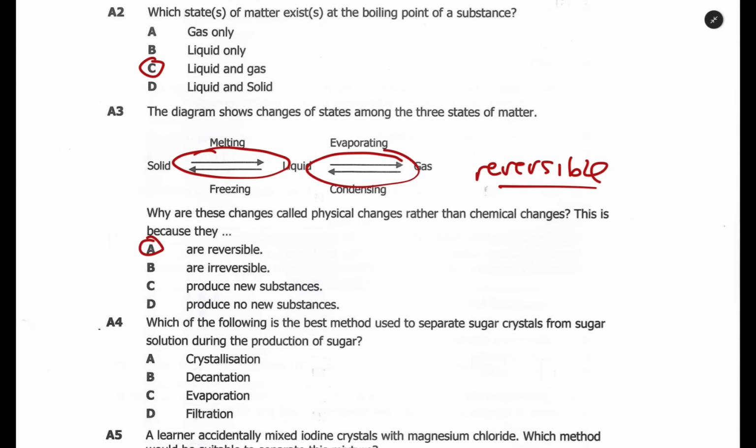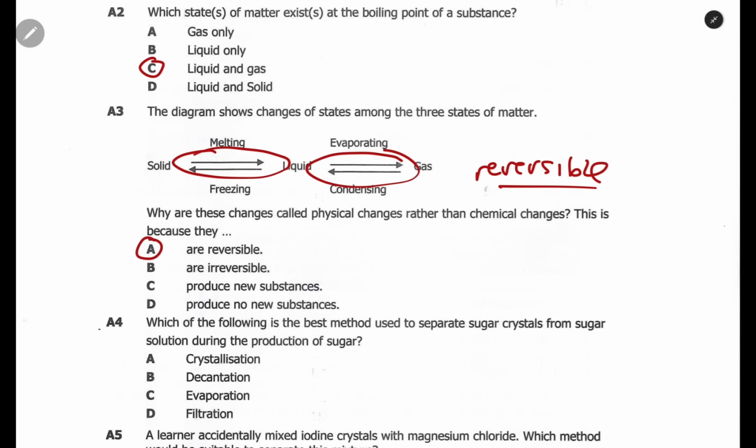In this scenario, from the diagram, we are able to see that the reaction is reversible. So there's a conflict between the first answer and answer D, which says it produces no new substance. That is physical change again, and that is true. But in this case we go by the diagram that is given. The fact that we have not been given what a chemical change is, or examples, we are going to choose A as the best answer.